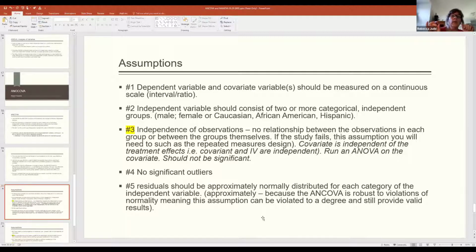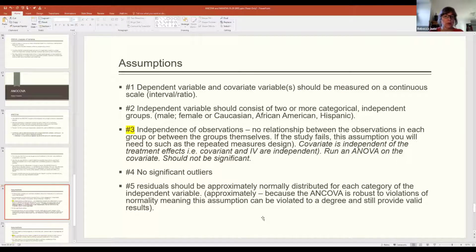Our group can be our gender, and our covariate could actually be years of service. But before we did that, we would want to run an ANOVA on years of service and gender to make sure it's not going to be a significant relationship. Okay. No significant outliers. That's a standard one.